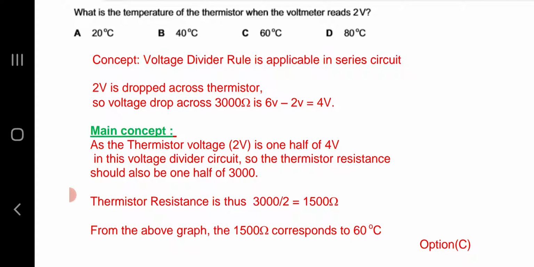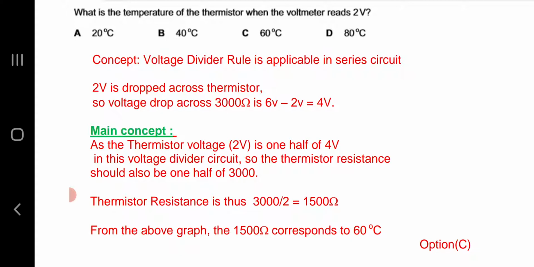As the thermistor voltage is one half of the voltage of the 3000 ohm resistor, so the thermistor resistance should also be one half of the 3000 ohm resistor. This is the main concept. So the thermistor resistance is 3000 by 2, is equal to 1500 ohm.